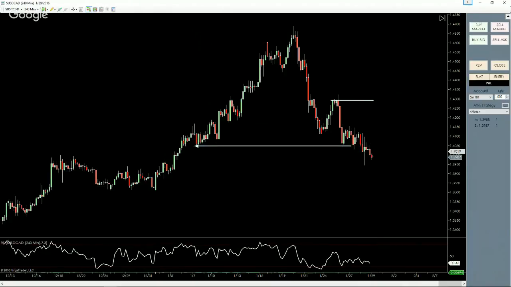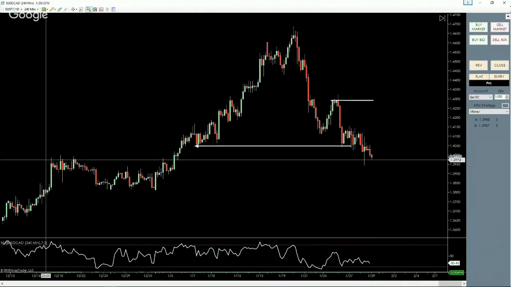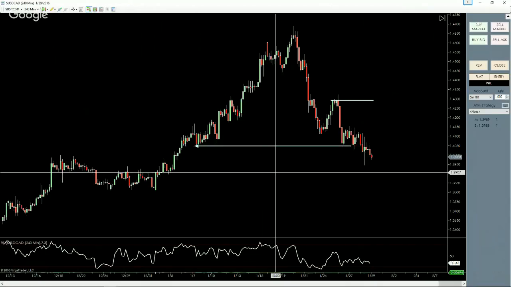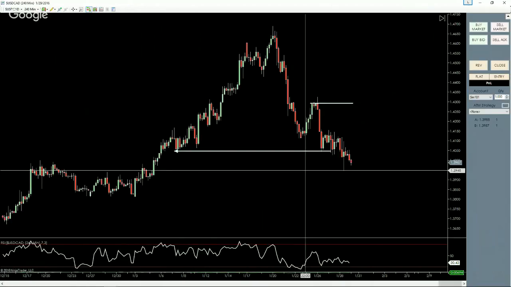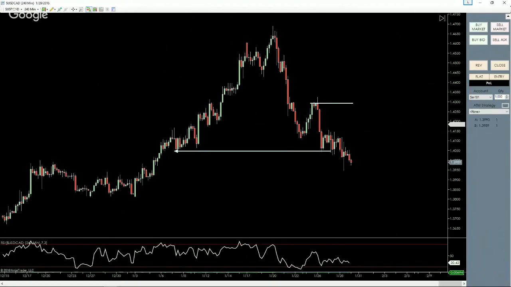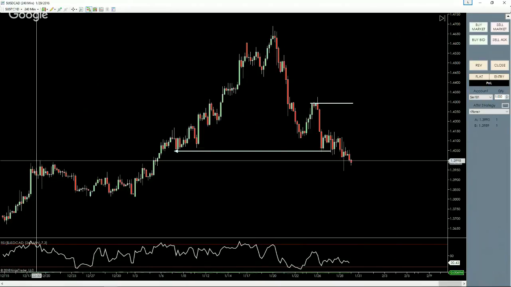So now that price is coming back down to this structural level, which is a daily, what we want to do is try and find an opportunity at that level.